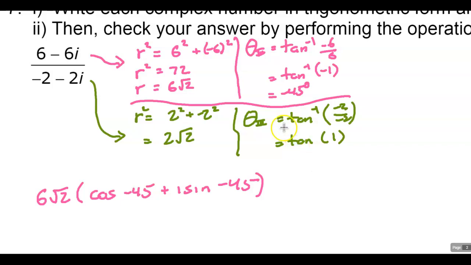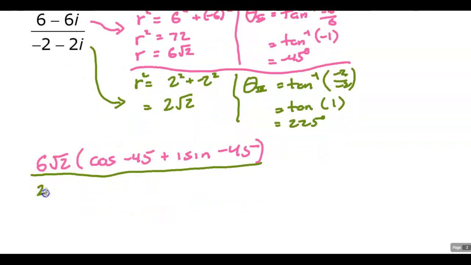Right? Degrees. So from that, we can now do this. We got radius is 2√2 cosine 225 plus I sine 225.